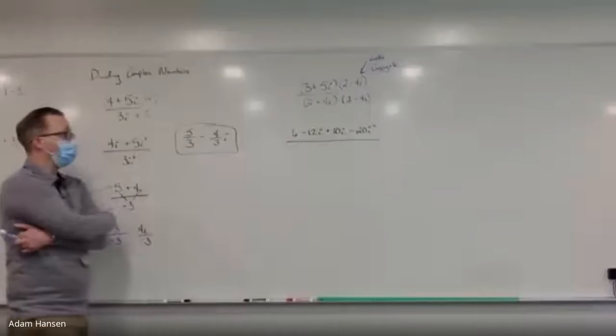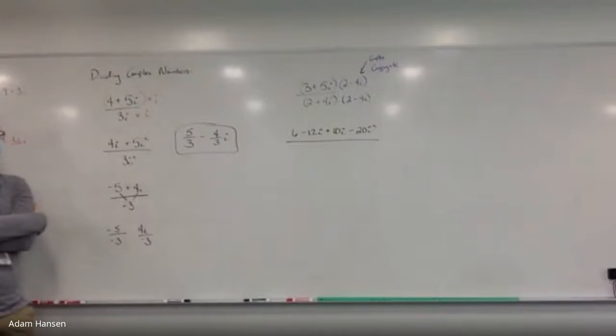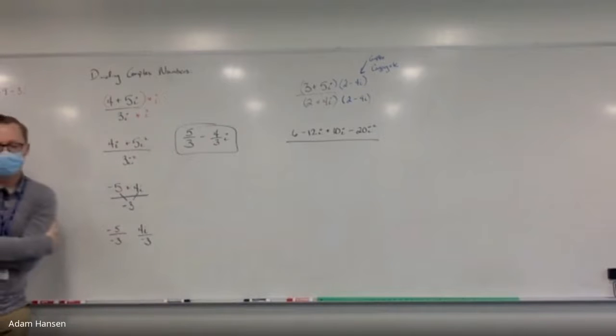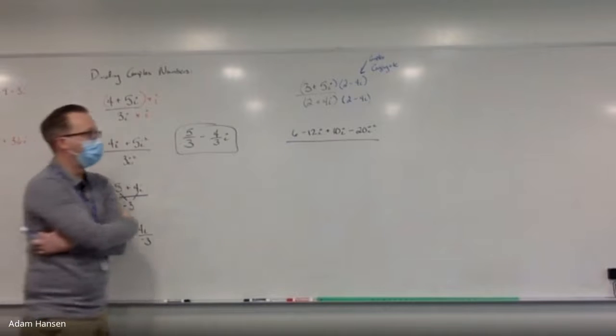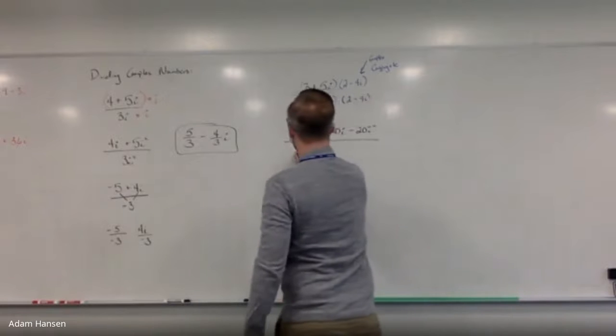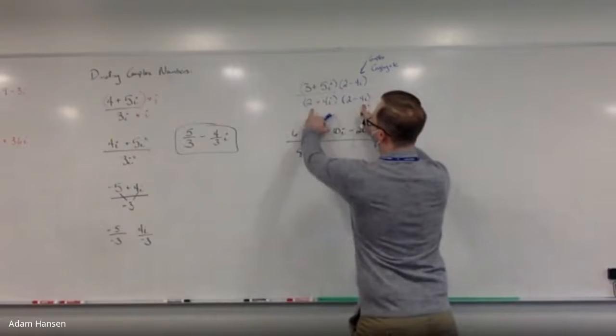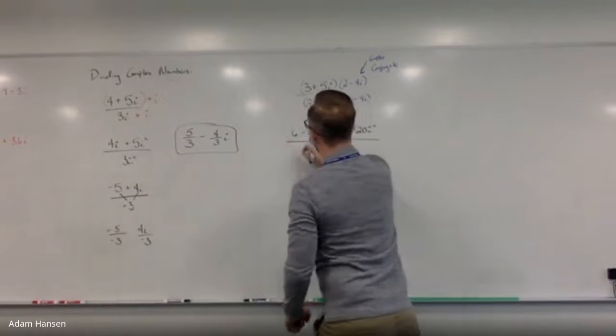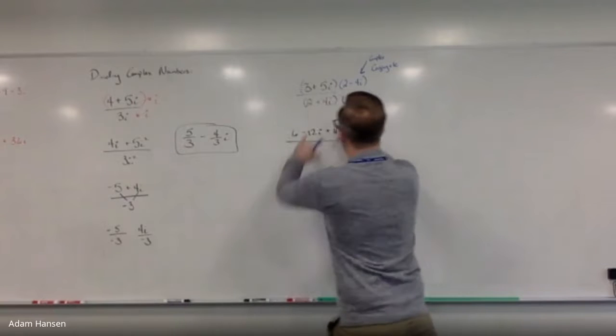Now when I multiply 2 plus 4i and 2 minus 4i, this is where a lot of stuff is going to start canceling out. Why is it going to cancel out? Opposite signs, right? 2 times 2 is 4.